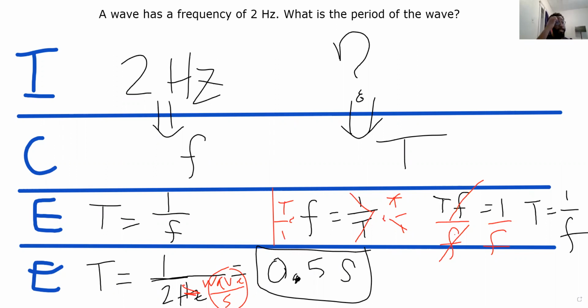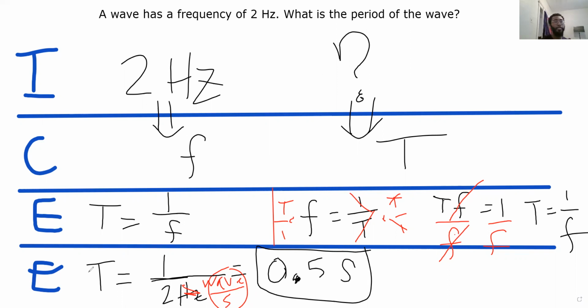And just to walk through and explain this, the frequency was 2 hertz. So if 2 waves are produced every second, right? Because we can even tell from down here, hertz is wave per second. So if 2 waves are produced in 1 second, that means for our period, 1 wave is produced in half of that time.